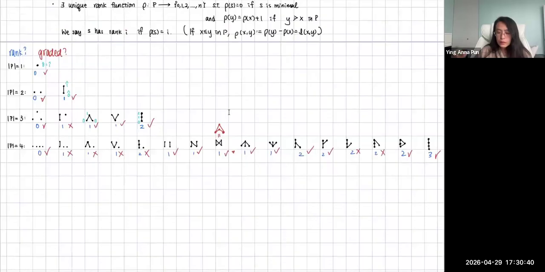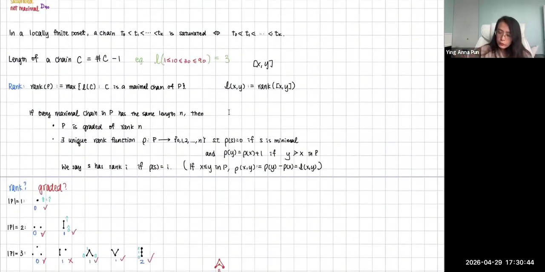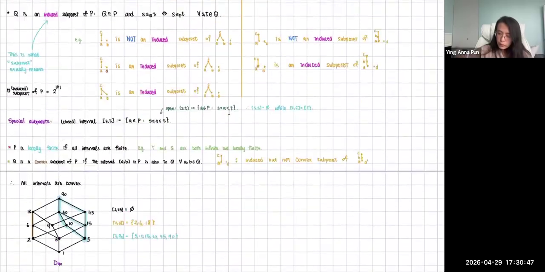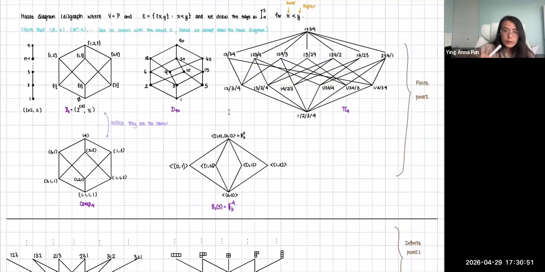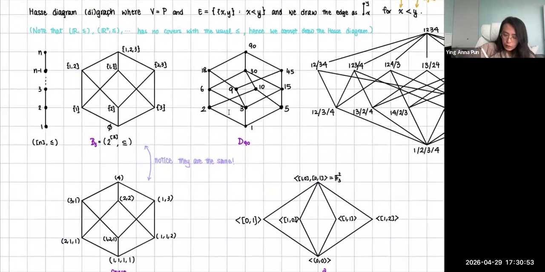So a graded poset is really nice because your Hasse diagram would have levels. For example, in these bigger examples, you can see that if you're level 1 from below, you have exactly one line to go there.